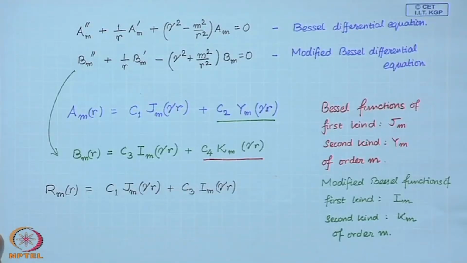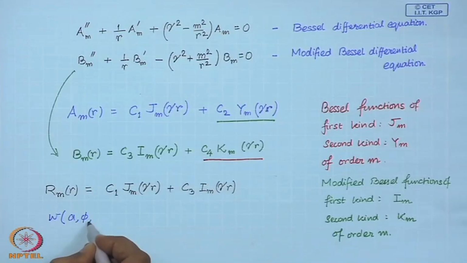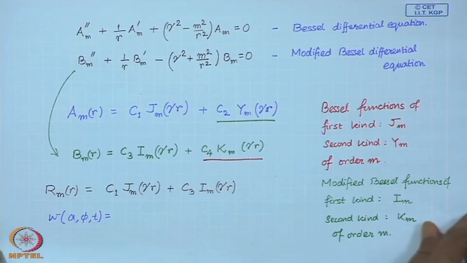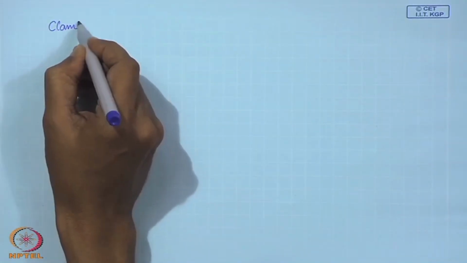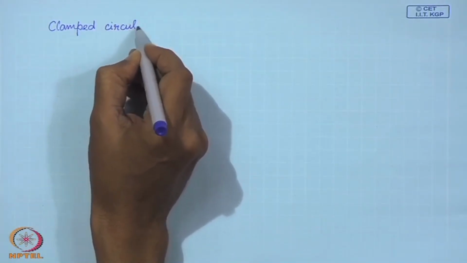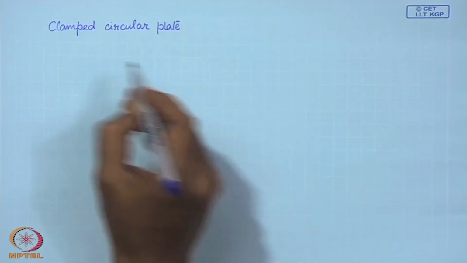Now, we have to satisfy the boundary conditions. Let us consider a clamped circular plate.